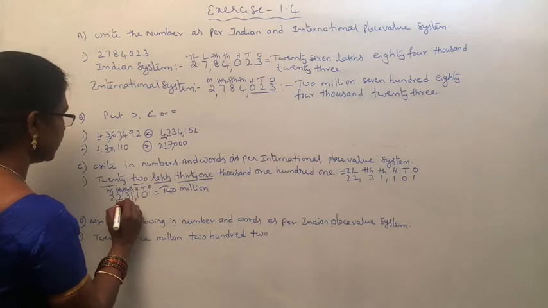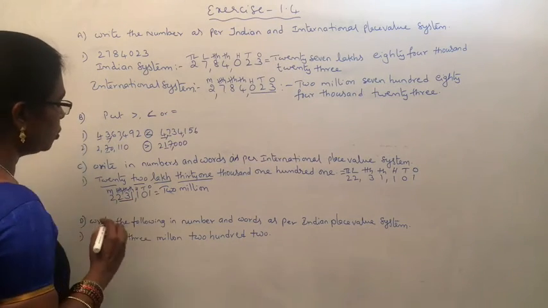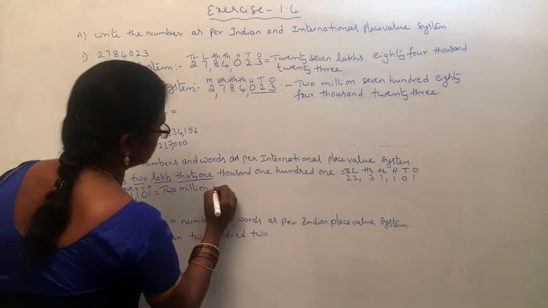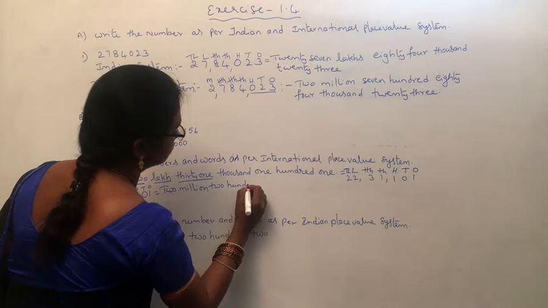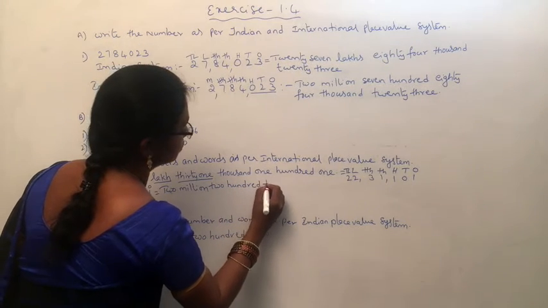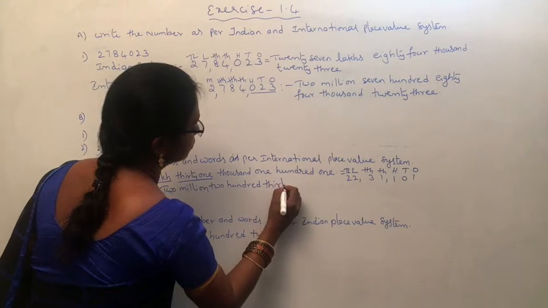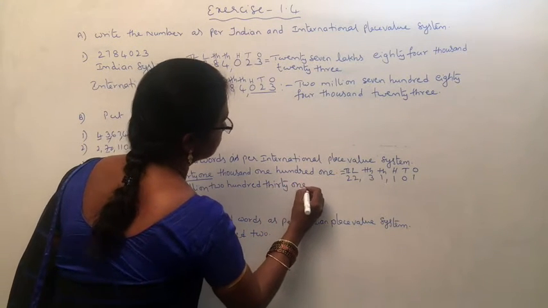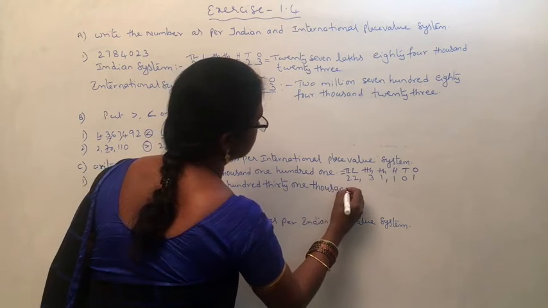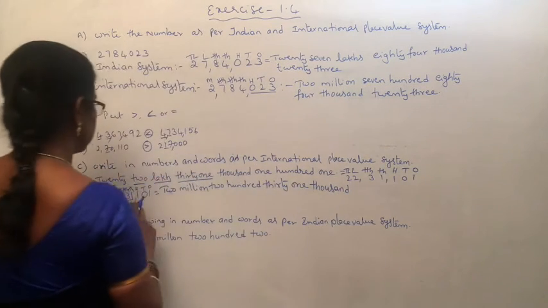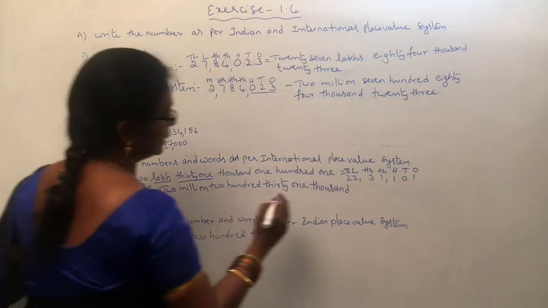How many thousands are there? 231 means 231,000. Next ones period, 101.